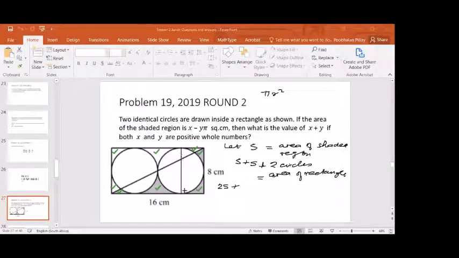This is the diameter, it's equal to 8, so the radius is equal to 4. So this is pi times 4 squared. 4 times 4 is 16 pi. So that's the area of one circle, that's pi r squared. So the area of two circles is 2 times 16 pi.